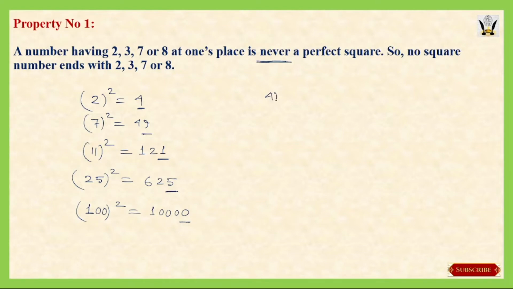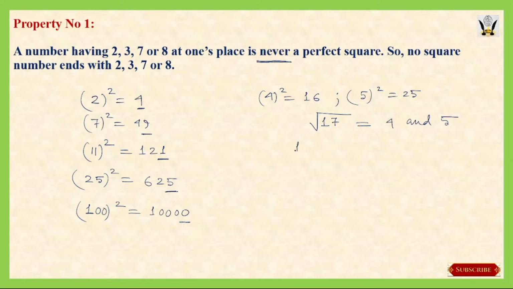Now the square of 4 is 16 and the square of 5 is 25. So if I choose a number like 17, which is in between 16 and 25, and take the square root of 17, definitely that will be between 4 and 5, and it will come as a fraction.